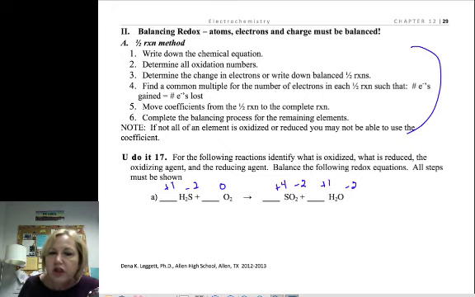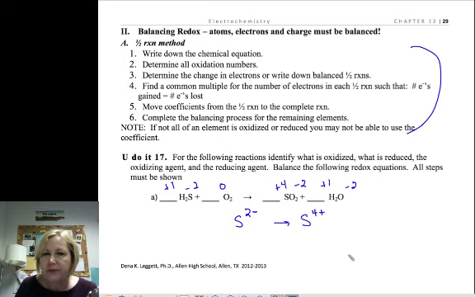Now, what I'm going to do is pluck out different species just to focus on them. I'm not breaking bonds. I'm just focusing on them. The sulfur that had an oxidation number of -2 went to sulfur with a 4+ oxidation number. So that sulfur was oxidized.